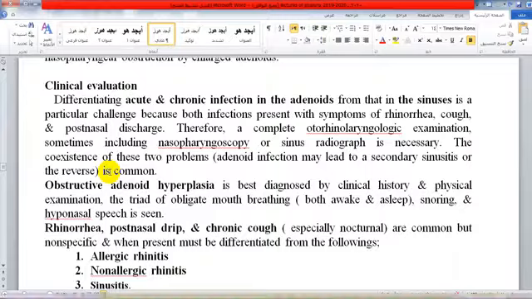Obstructive adenoid hyperplasia is best diagnosed by clinical history and a physical examination. Obligate mouth breathing, both awake and asleep, snoring, and hyponasal speech are seen.